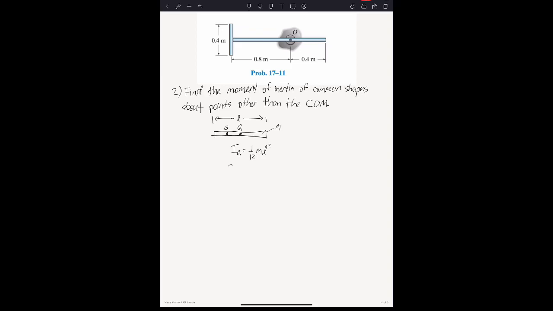Then it is true that the moment of inertia about this other point is equal to the moment of inertia about its own center of mass plus the mass of the object times the distance between the 2 points squared.